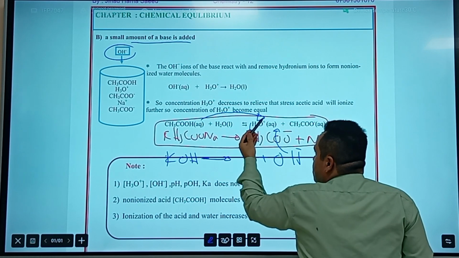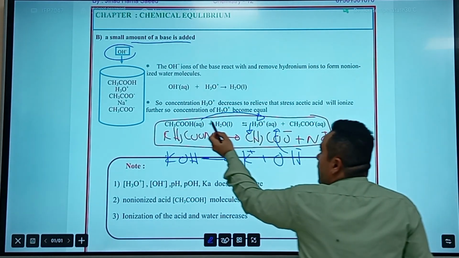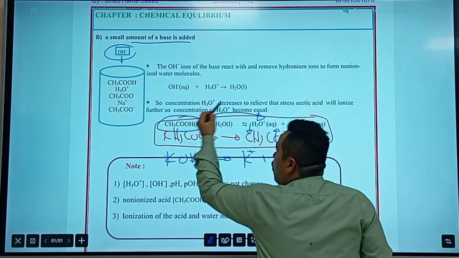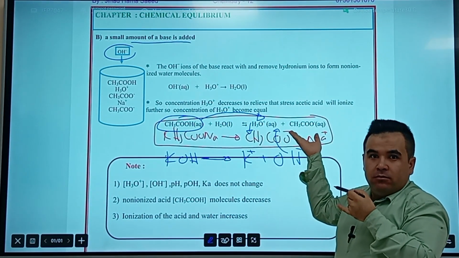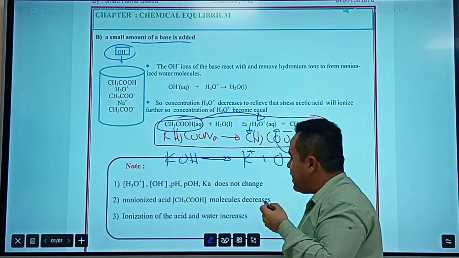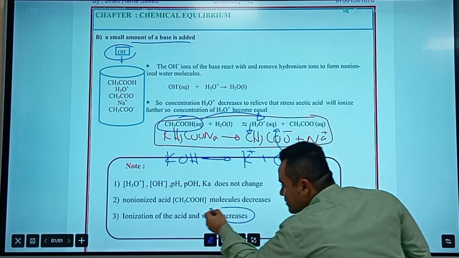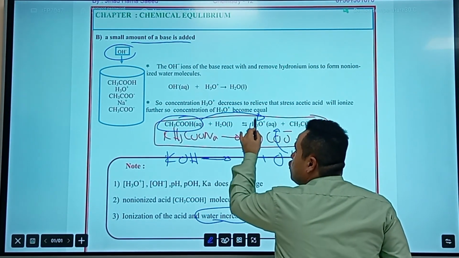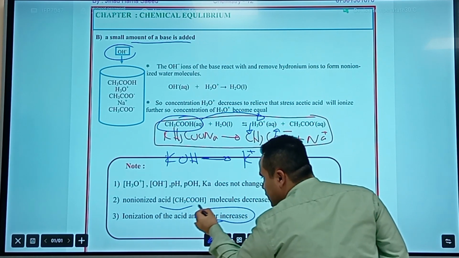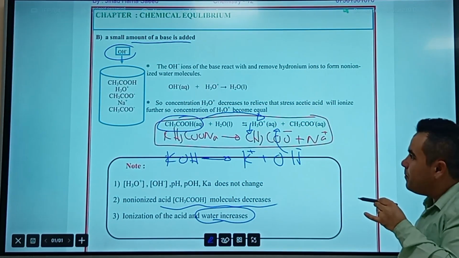In this direction, the acid ionizes, so the ionization of the acid increases, but its concentration is consumed, so the concentration decreases.